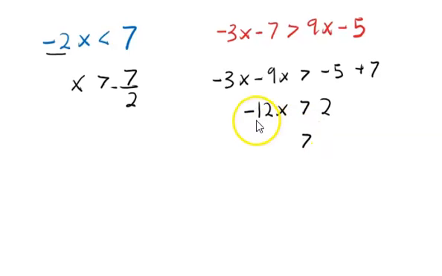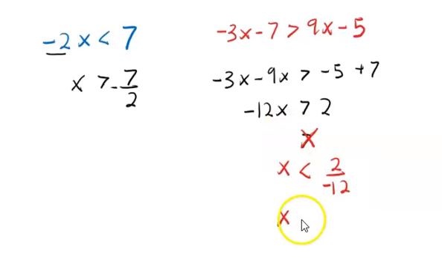The negative 12, when they move to the opposite side, we have to change the sign. So we cannot use this. So we have to change the sign to the opposite direction. 2 over negative 12. This is your x. Or we can simply make it as negative 1 over 6. Okay, so this is the answer.